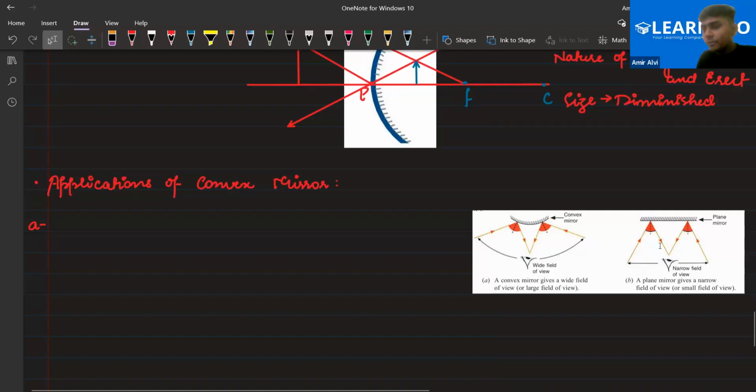That's why we use a convex mirror to see the larger view, because we need to see how many vehicles are coming from behind us. Yes or no, everyone? Clear? Yes, sir, clear.